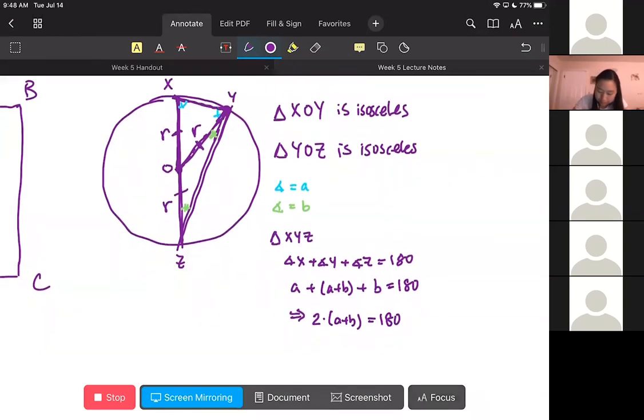And then if we divide both sides by 2, then we see that A plus B equals 90. And then remember, angle Y was A plus B. So angle XYZ equals 90. So this proves that this is a right triangle right here.